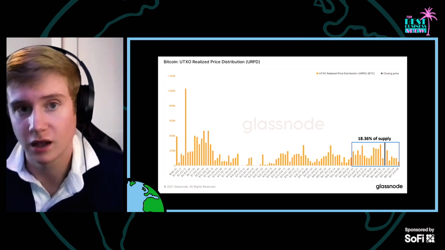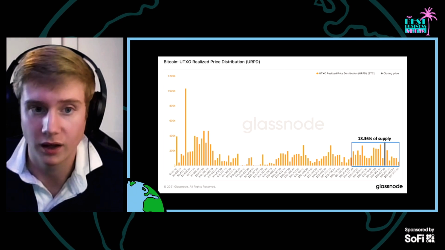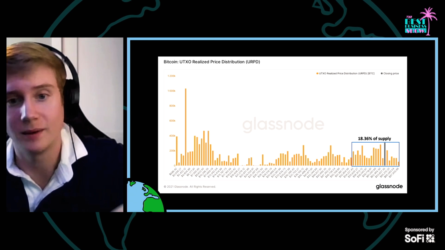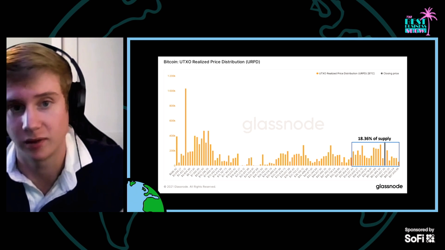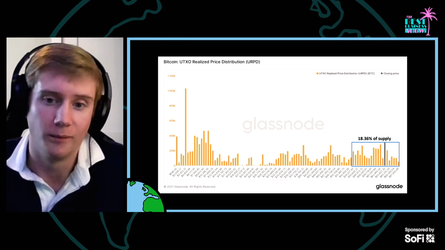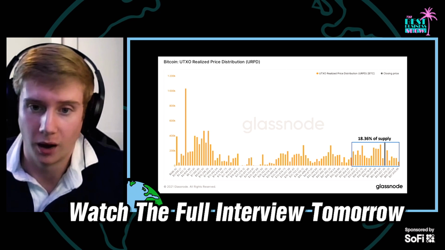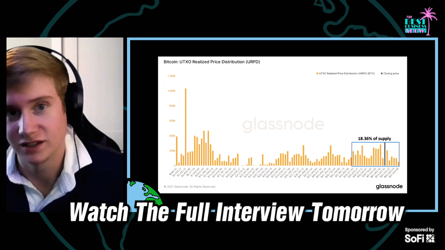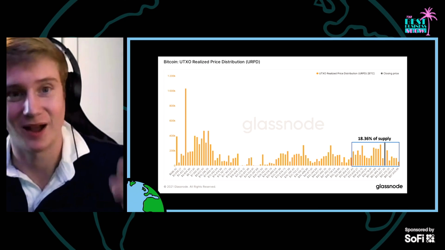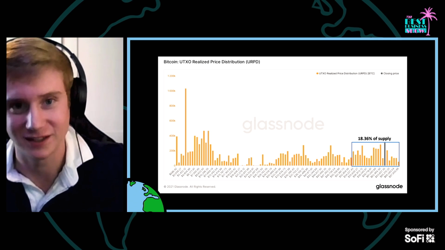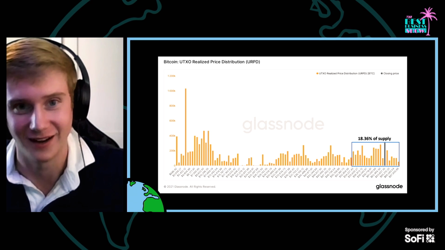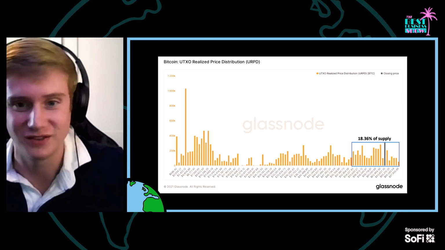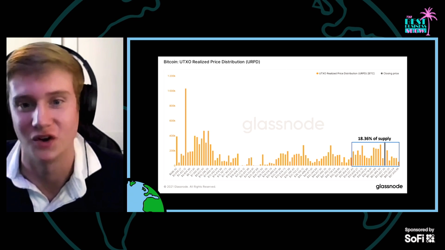You're essentially looking at, for each denominated price level, how much of supply has last moved there. And so as you can see, above 50, I forget the exact number because it changes as supply increases, of what exactly the price level is that the $1 trillion market cap threshold is, but it's above 53K. So I just cut it off at 54K.